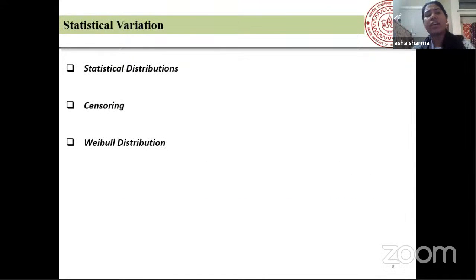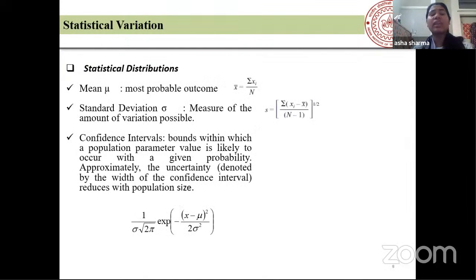Under the statistical variation, I have three things: the statistical distribution, censoring, and the variable distribution. The statistical variation can be done according to the probability distribution or according to some equation that we call the best fit. Firstly, I'll go to the statistical distribution. It is also called the normal distribution or the Gaussian distribution.